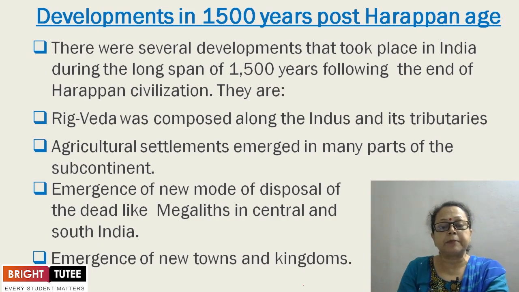Already in the previous chapter we have discussed, in the Harappan civilization, abrupt end was there. The civilization was abandoned abruptly, without leaving any mark of how this civilization ended.